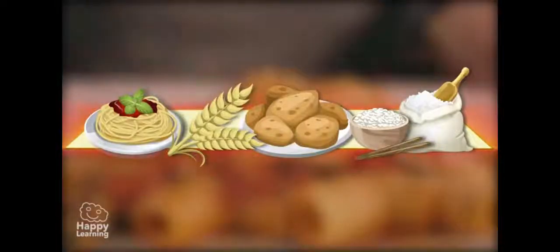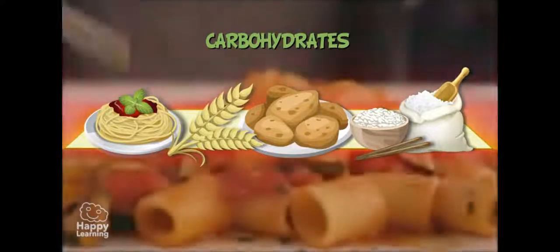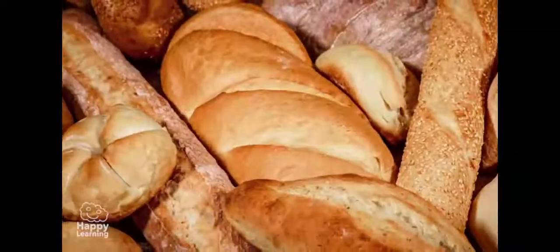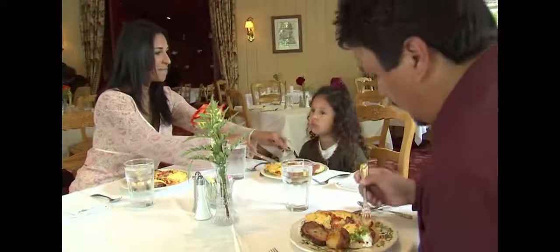The base of the pyramid, the fifth step, is the group of the carbohydrates. Here you can find cereals, bread, pasta, rice, and potatoes. They are also very important, so we must eat them daily.